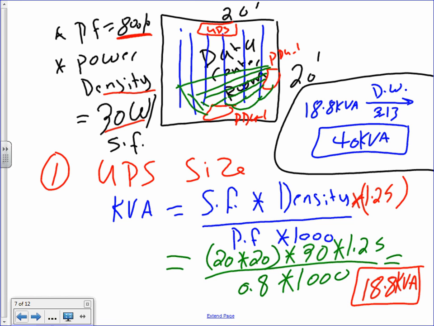So the size of the UPS that I'm buying is 40 kVA. Any comments, any questions? So that would be step number 2 here. Step number 1 is to find the kVA that you need, and number 2 is to find the actual UPS that's going to feed you.